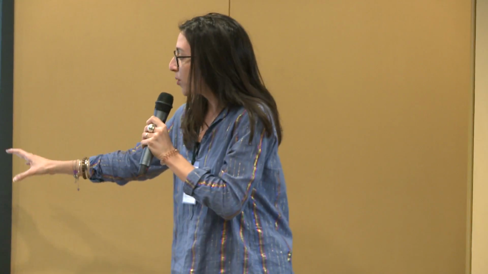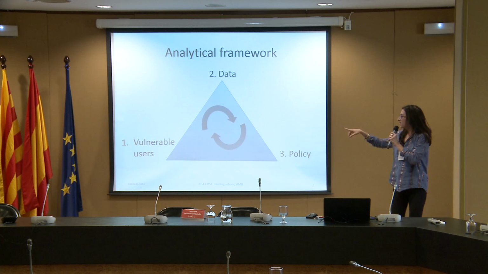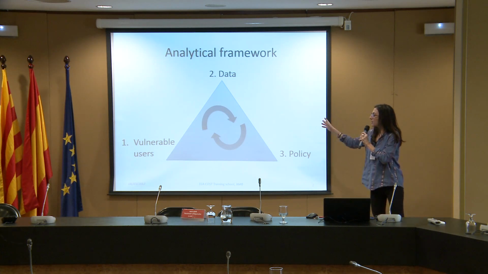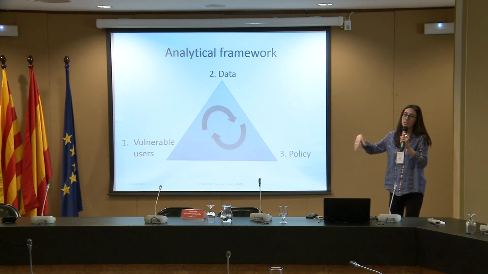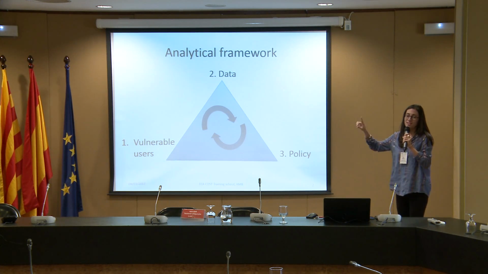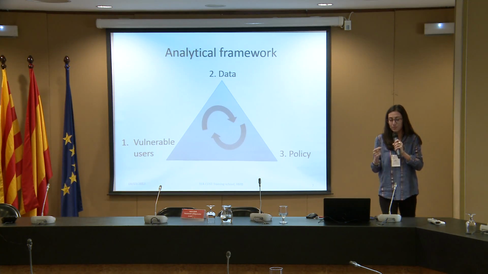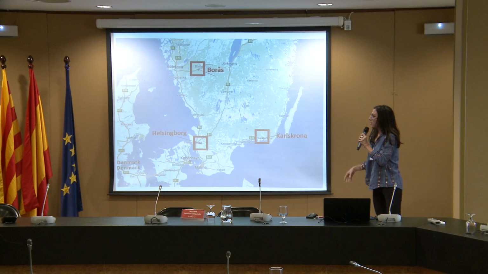And then policy recommendations. That's why we have a circle here, because depending on the vulnerable users identified, we had specific policy actions and so on. These are interrelated aspects. So these are the 3 cities we considered in the southwest of Sweden.